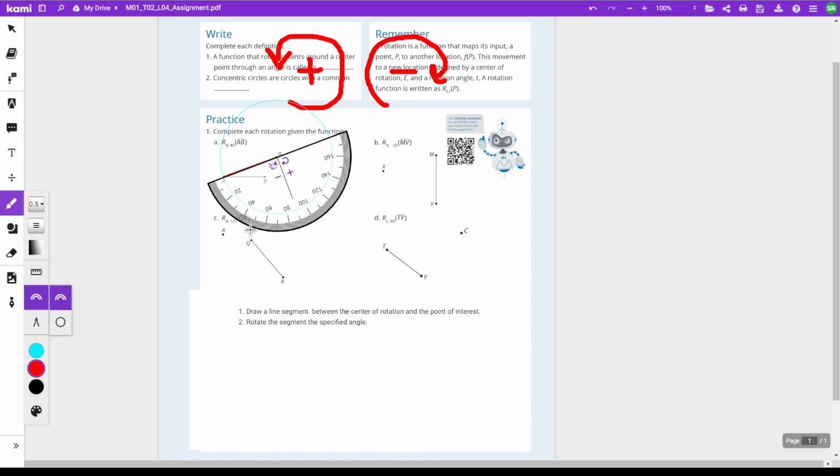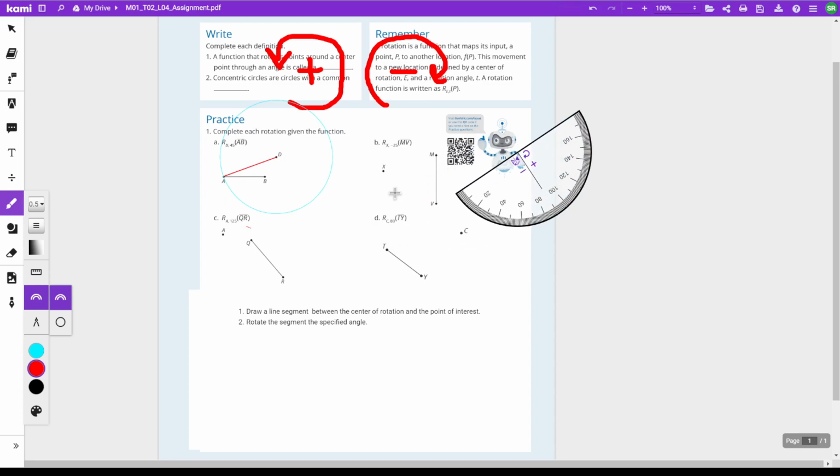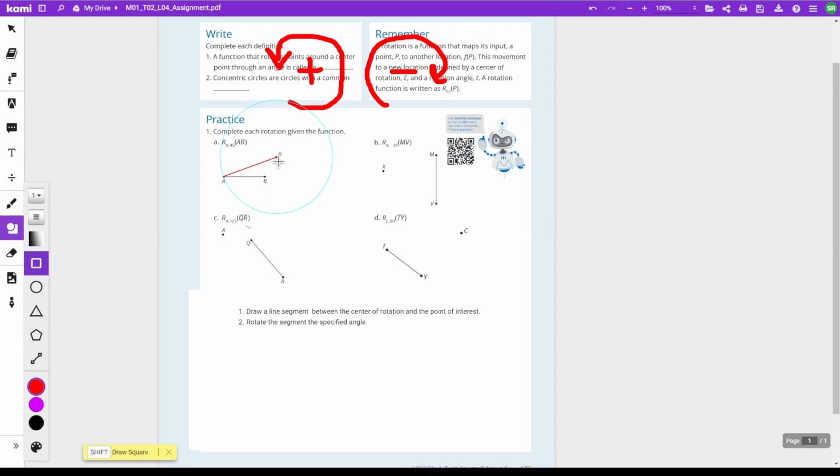So I'm going to make a point there so that we can see where that 45 degree mark is. And then you can remove the protractor. And then we're going to draw our line segment from here to there so that we can see that line segment rotated.